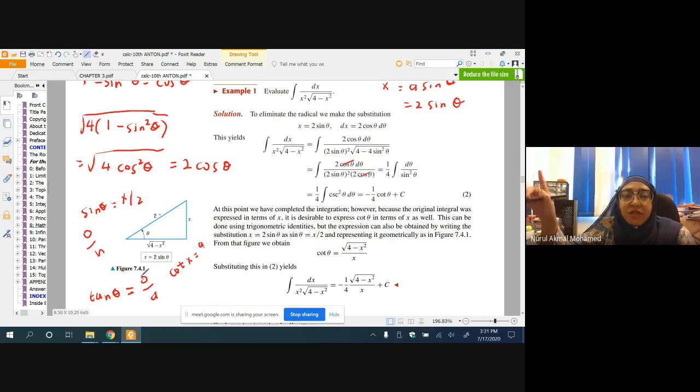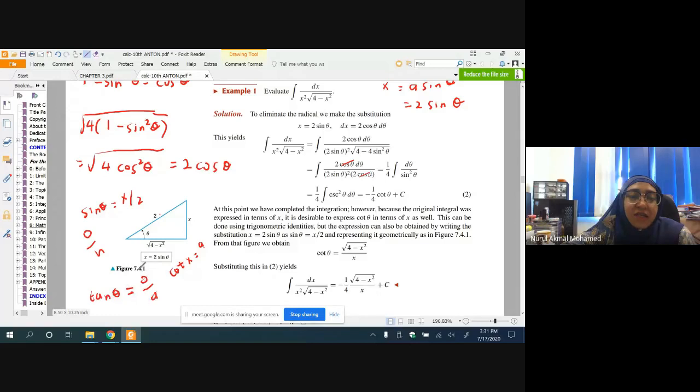Tangent is equal to opposite divided by adjacent, and cos theta is adjacent divided by hypotenuse. So tangent theta is O divided by A, TOA. So cot is 1 over tangent.